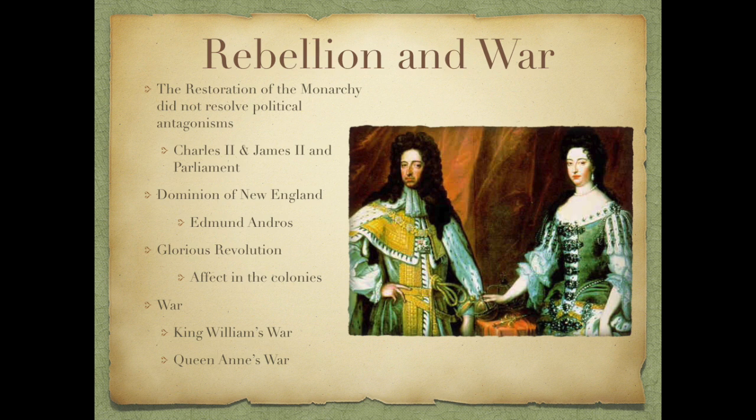People in England, as well as the colonists, were alarmed by this new direction that James was taking as monarch. Both James and Charles II ignored Parliament, issued decrees quite freely, and were very friendly to Catholics, which was probably one of their biggest failings in Protestant-dominated England. In 1688, James had a son who he decided would be raised Catholic and became heir to the throne at that point.